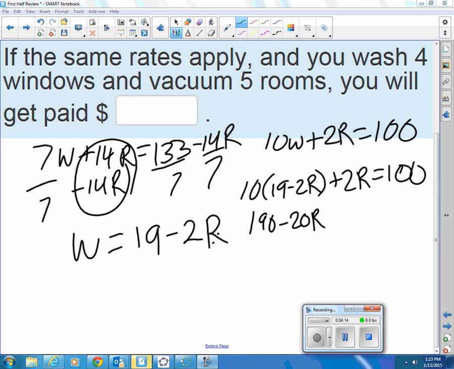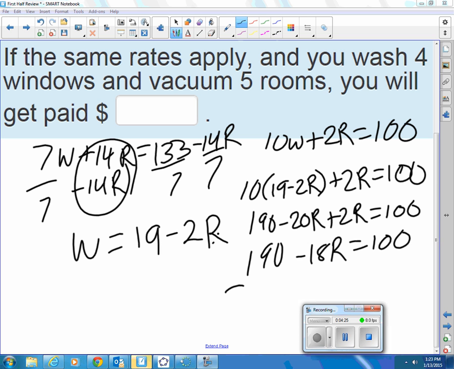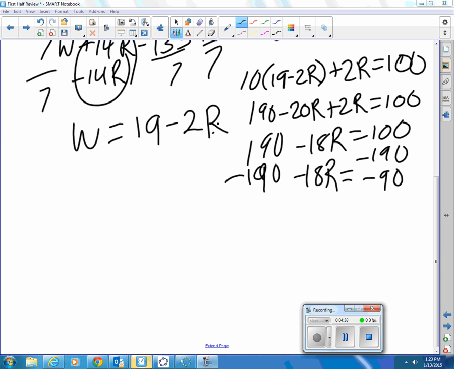Minus 20R plus 2R equals 100. So that would be a negative 18R. And have the 190. If I subtract the 190 from each side, that gives me negative 90 equals negative 18 times the number of whatever I get paid for a room.